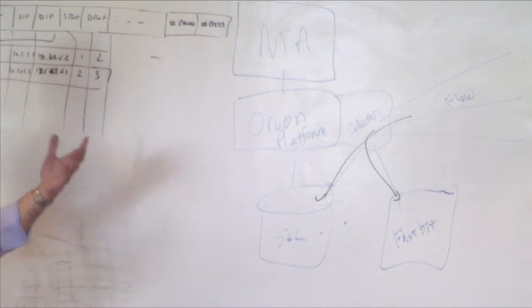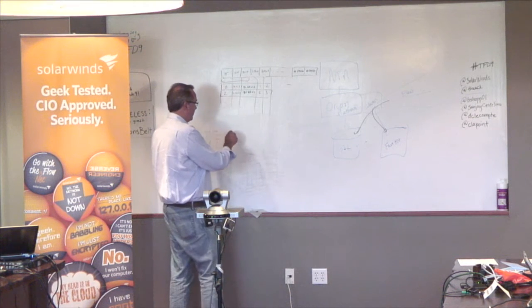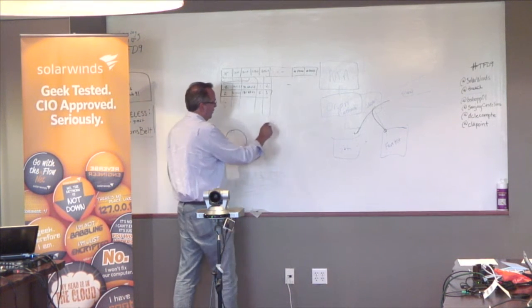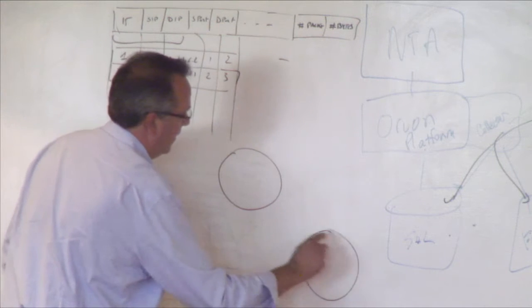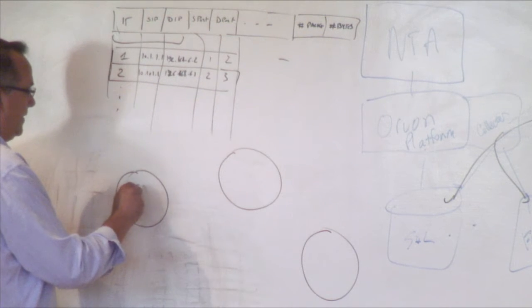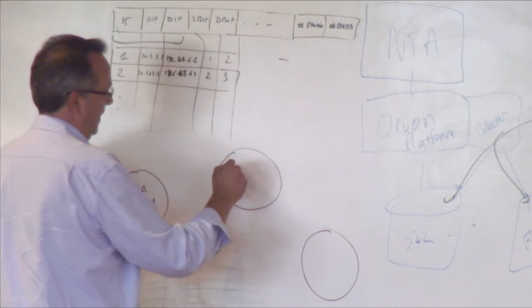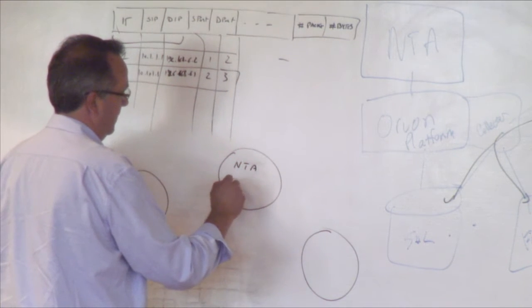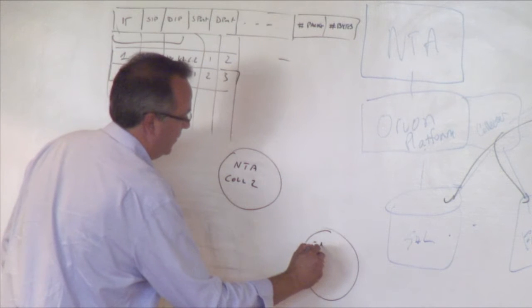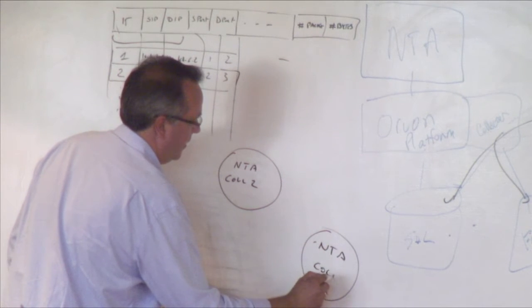And so one of the other goals that we have is we really want to have the concept of federation, where you'll have an NTA collector in one place of your environment, another one in another place in your environment, and so on.